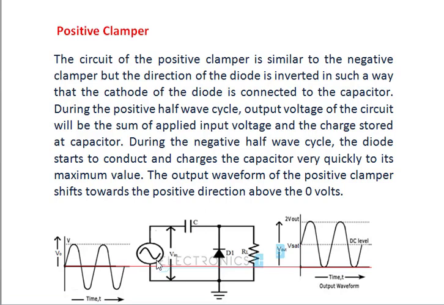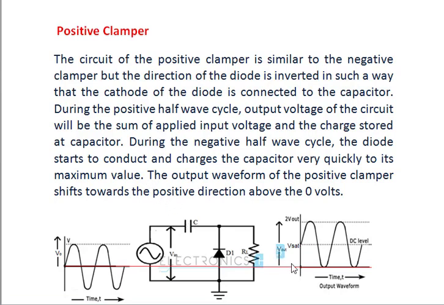During the negative half cycle, the diode starts to conduct and charges the capacitor very quickly to its maximum value. So both the voltages add up.